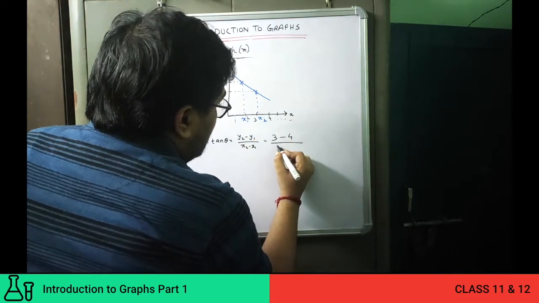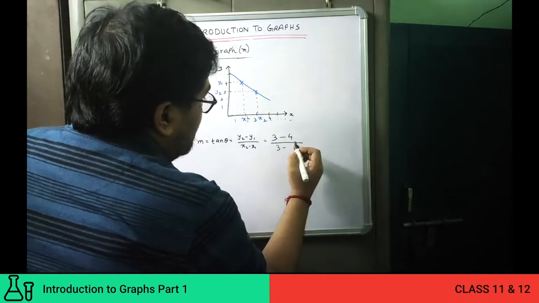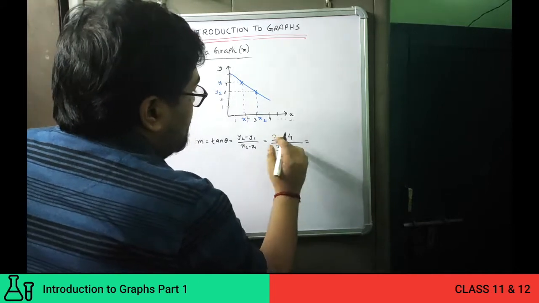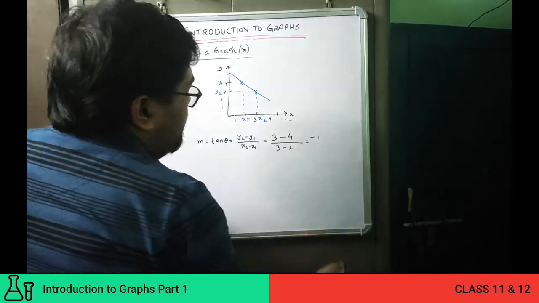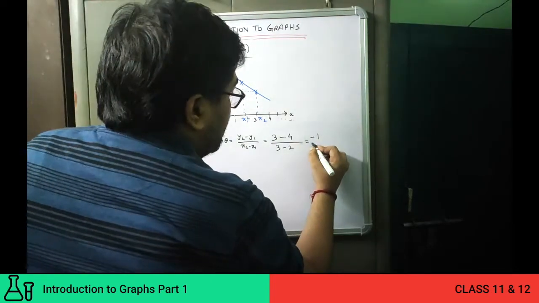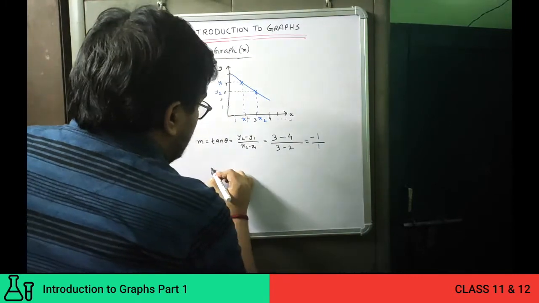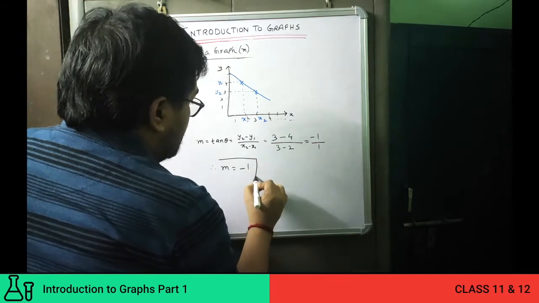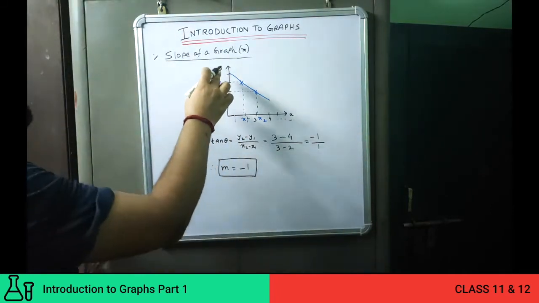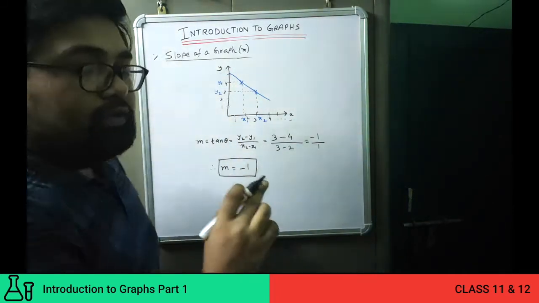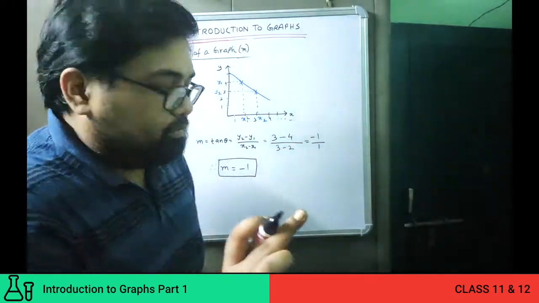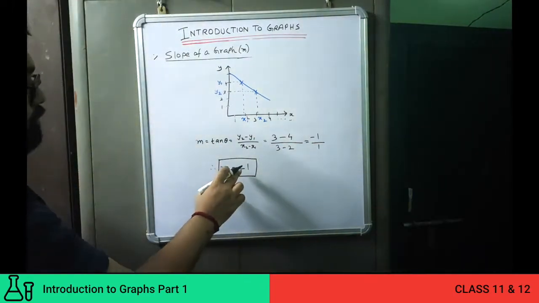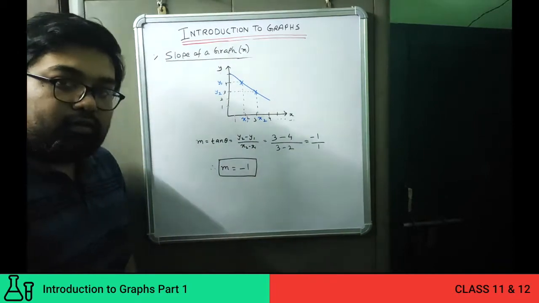Here we consider x2 as 3 and x1 as 2. So the numerator part will be minus 1 divided by 1. So this will come as m equal to minus 1. Thus, for this line, you will always get a negative slope. That's why the m value is minus 1 here.